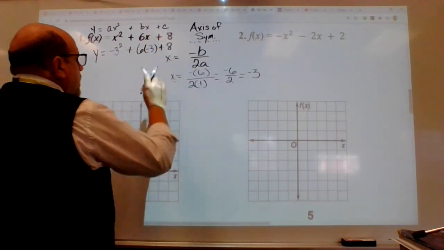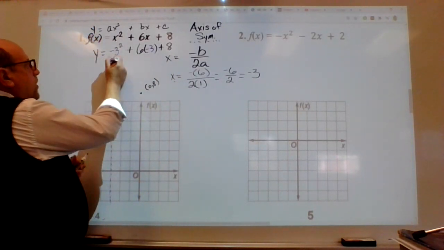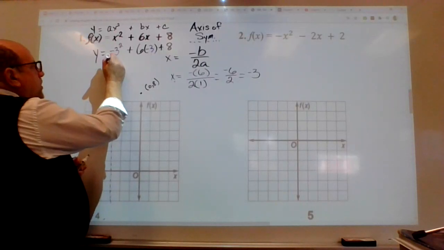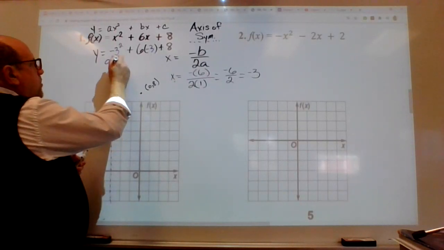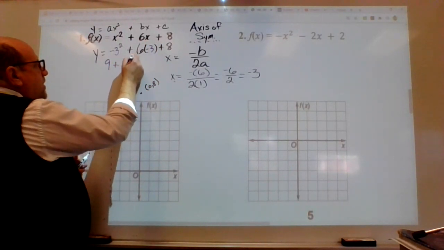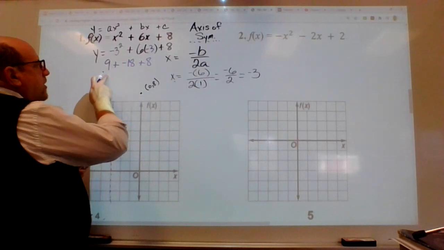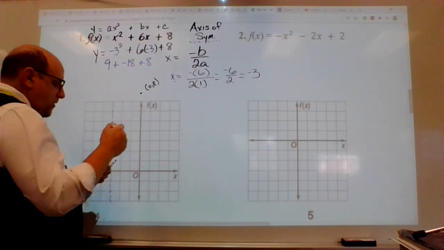All right, I can do some of this math over here. 3 squared is 9, plus 6 times negative 3 is negative 18, plus 8. And 9 and 8 are 17, minus 18 is negative 1.